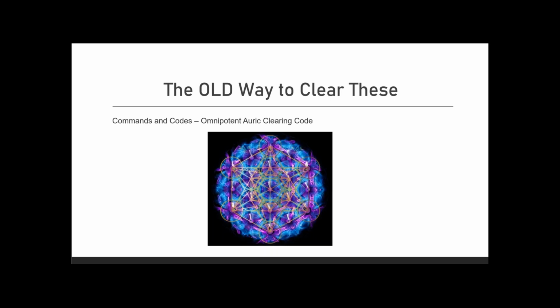So then the next advancement was creating codes and encoding the commands into the codes. Like for example, this omnipotent auric clearing code here, I put all those commands into the code. And when you look at the code, you do what is called optical pineal induction, and it activates in you and it does the clearing using those commands. So in that way, we wouldn't have to do the commands over and over and over.